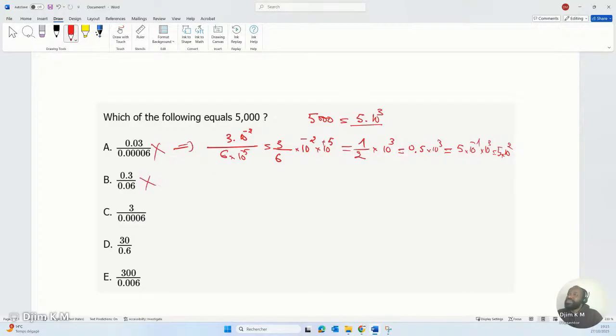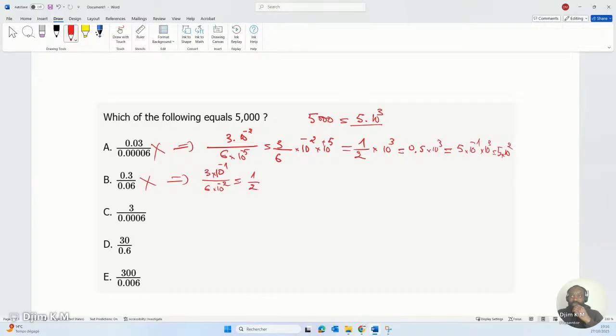This also will not be our answer because we need something that will have a great number of digits after the decimal here. But if we just try to find out for this, it will be 3 times 10 to the power minus 1 over 6 times 10 to the power minus 2.